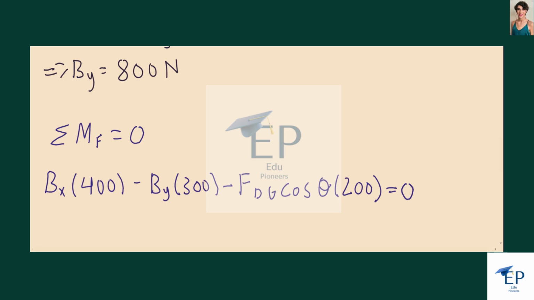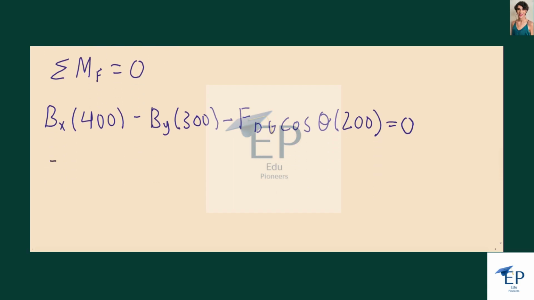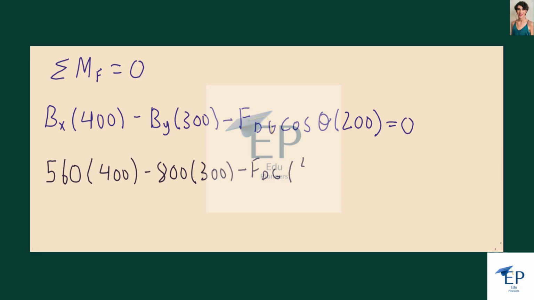So now we plug in the known terms and solve for the unknown F of DG. So we now have 560 times 400 minus 800 times 300 minus the unknown force F of DG times 4 over 5 times 200 is equal to 0.